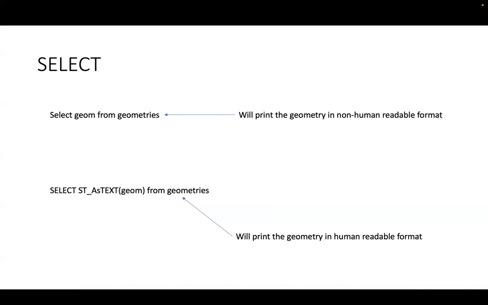If you want to read the spatial information of the objects, you have to use this function: select ST_AsText and then specify the attribute from table. If you execute like this, the output can be read by a human.